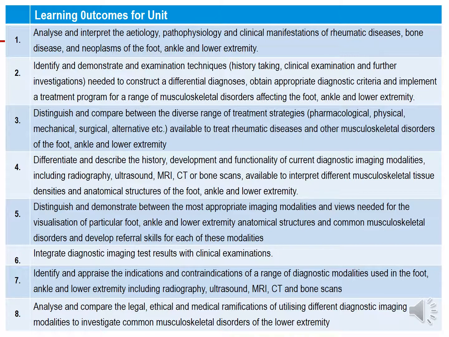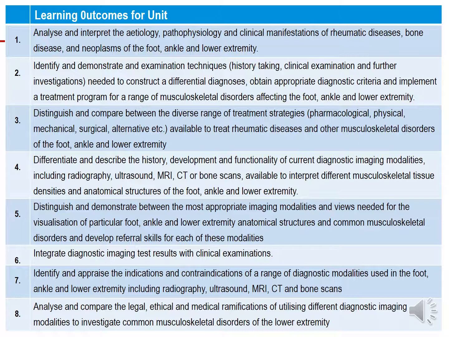These are there so that you can interpret different musculoskeletal tissue densities and anatomical structures of the foot, ankle, and lower extremity. So here we'll be showing you a whole range of different techniques and how you can identify what normal structure looks like and what pathology can look like, to help you assist or confirm what you think your diagnosis is for this condition.